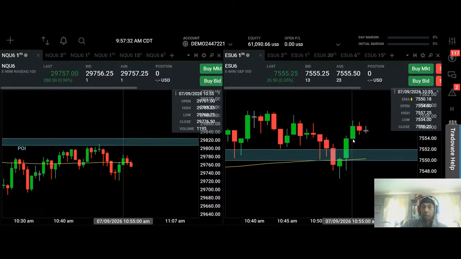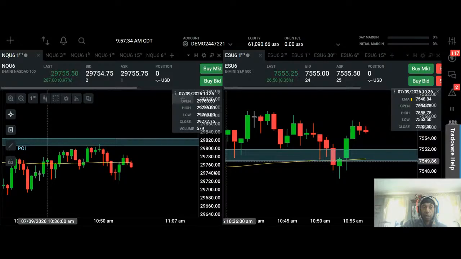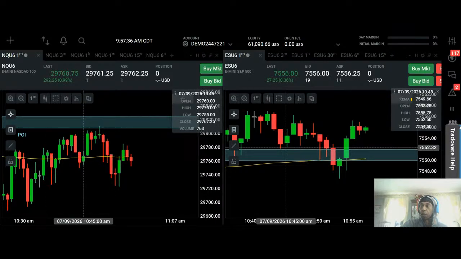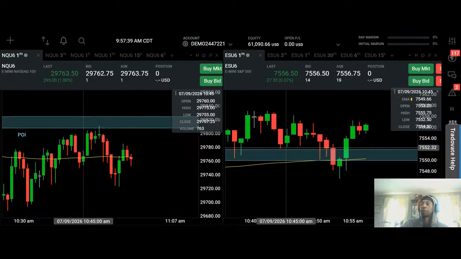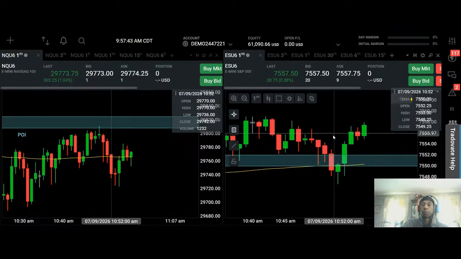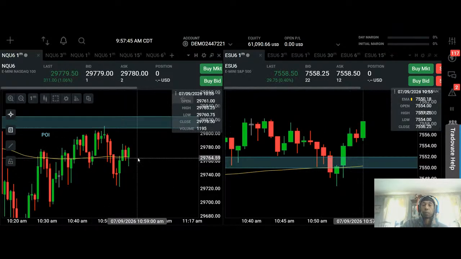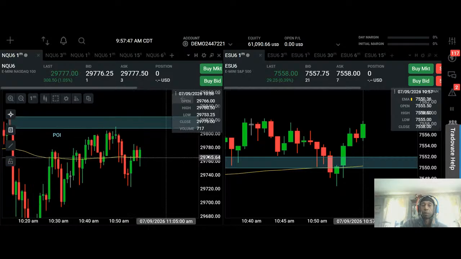If ES closes below that green candle, I'll take another sell on NQ. Let's see if they want to do it.